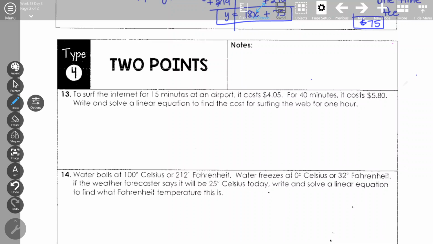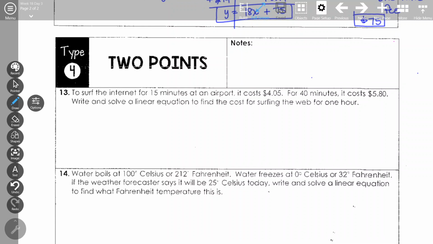This is 2 points. Now, remember when you're given 2 points, you're given 2 sets of information. You're given 2 x and y coordinates. So you're going to use this when the problem gives 2 sample points.